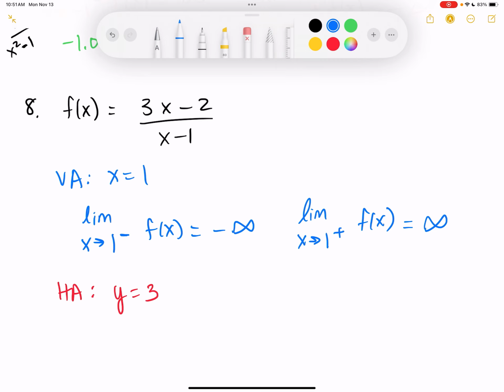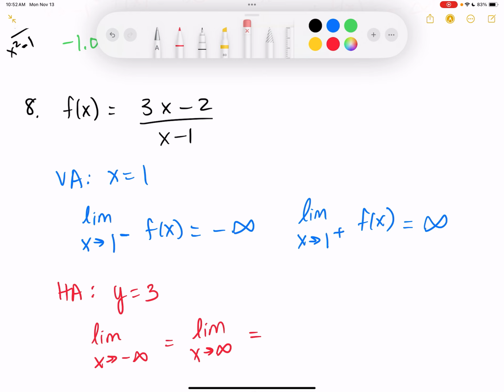The horizontal one says that the limit as x approaches negative infinity should be equal to the limit as x approaches positive infinity. And if that's true, then that should be equal to 3, which is our horizontal asymptote.